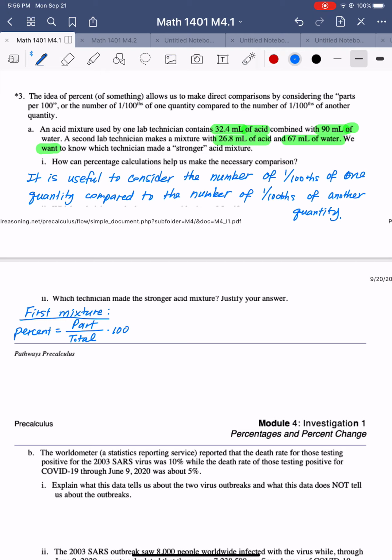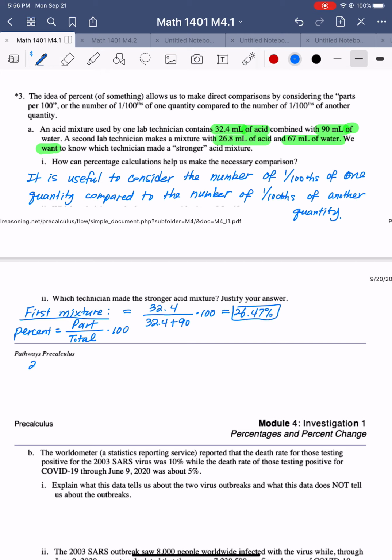We're looking for the strength of the acid combined with the water, and then multiply by 100, and I'm getting 26.47%.